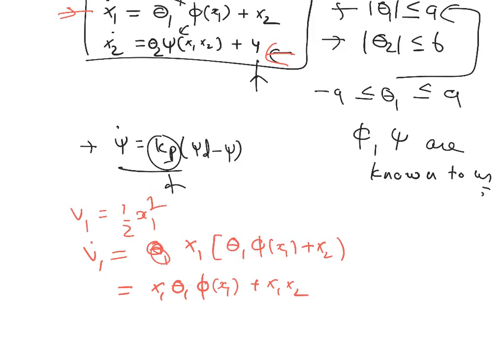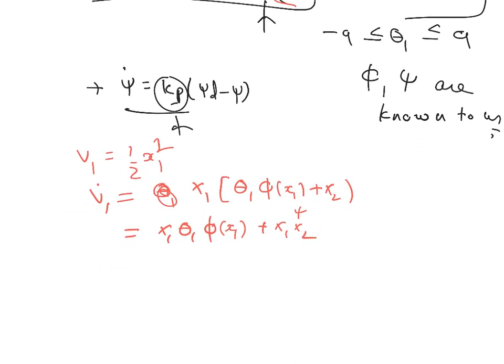Now we have to choose x2 to make this negative definite, right? So you see how the sliding mode is coming into the picture. The idea is we can say v1 dot is less than or equal to mod of x1 multiplied by mod of theta 1 and phi x1, right?